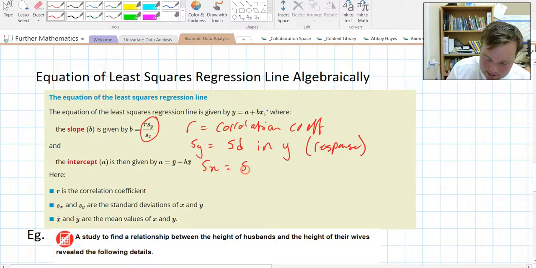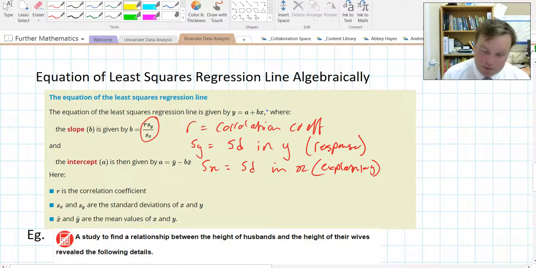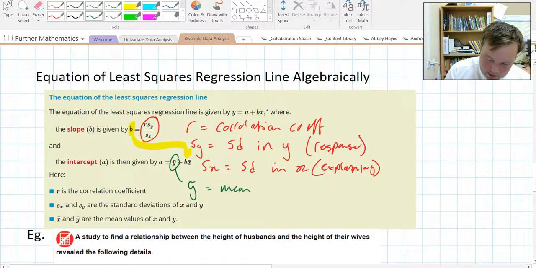Sx is the standard deviation in the x variable, meaning the explanatory. Then, after we found the slope, we can use the slope to find the intercept. So once we've got b, we can use b in here, where y bar equals mean of y and x bar equals mean of x.